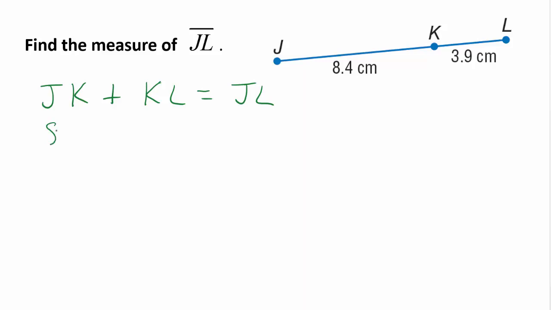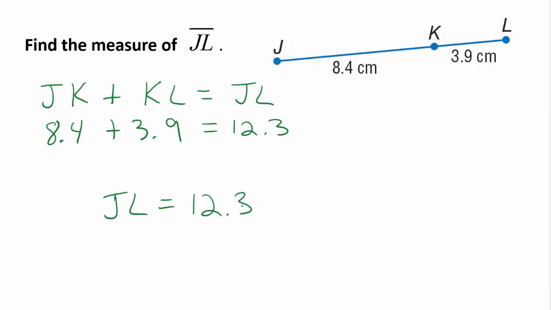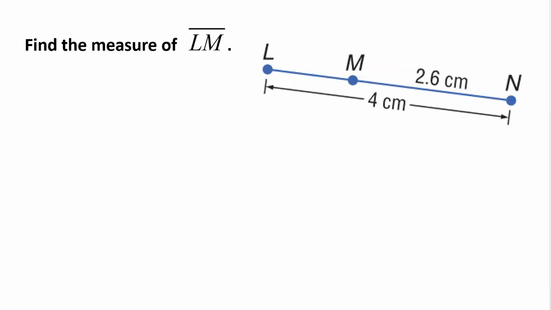JK is 8.4 plus KL, which is 3.9. And if you add those two numbers together, you get 12.3. So the measure of JL is equal to 12.3 centimeters.